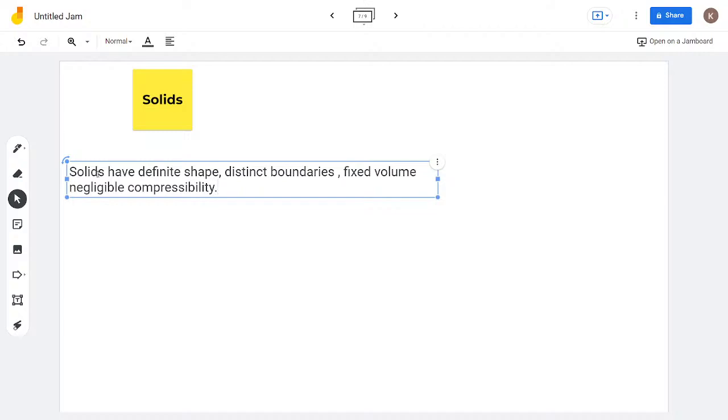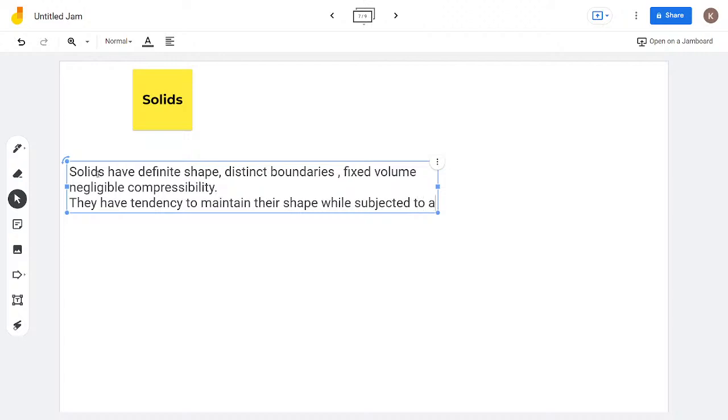And they have a tendency to maintain their shape when subjected to an outside force.